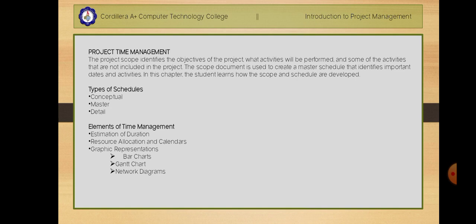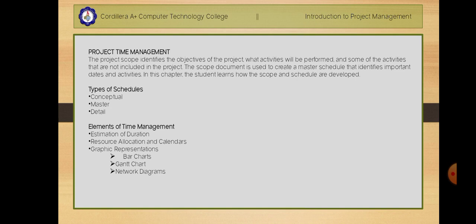So you have the resource allocation. The most common resource constraint is availability. You have to consider the availability of the team members, the consultants, and key pieces of equipment.